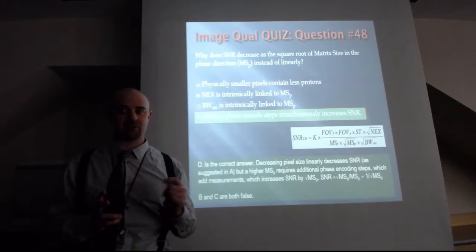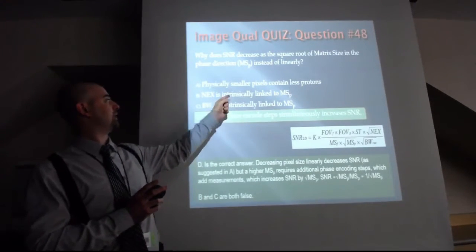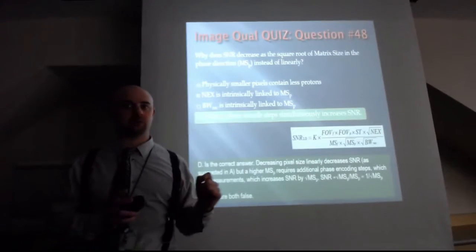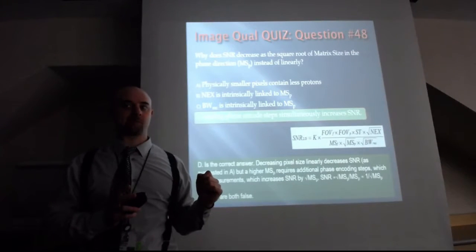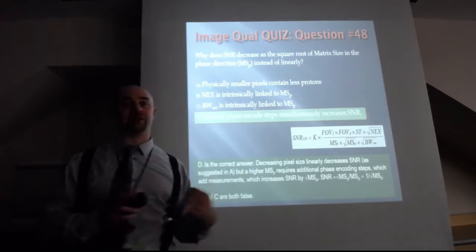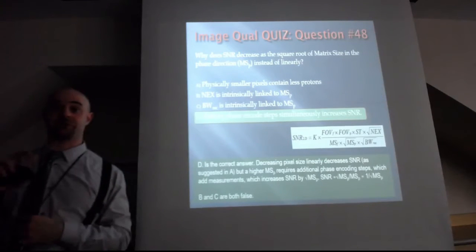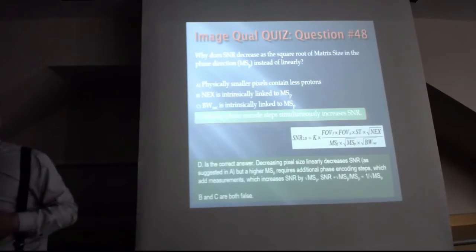Does that make sense? Is there anybody who answered this that doesn't understand? So, right, matrix size in the phase direction is not at all linked to NEX. It's linked to the number of phase encoding steps, which is discrete from NEX.